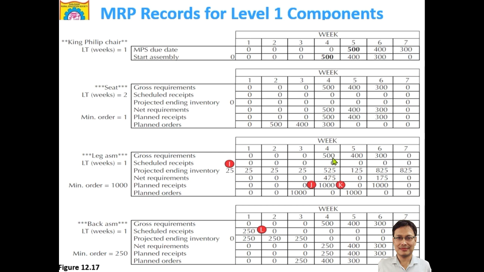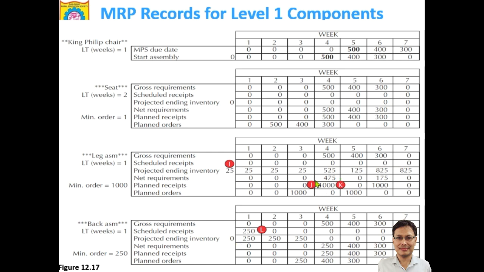The gross requirement is 500 units, but we have in-hand inventory on week number 3, which is 25, and this 25 is carried forward.